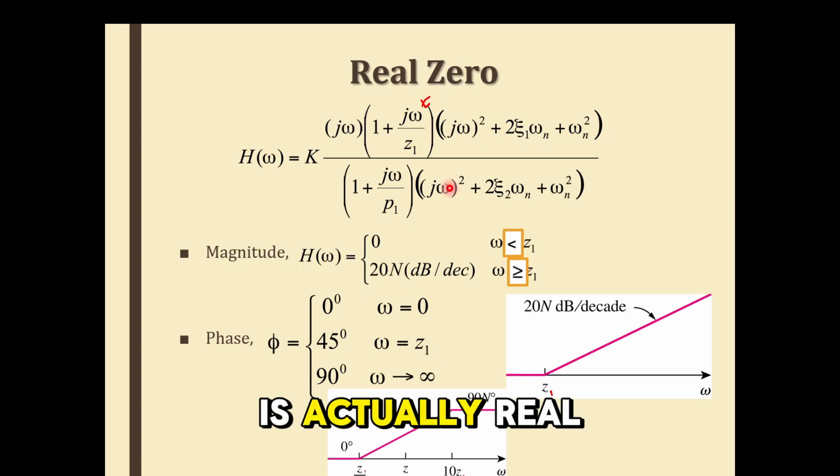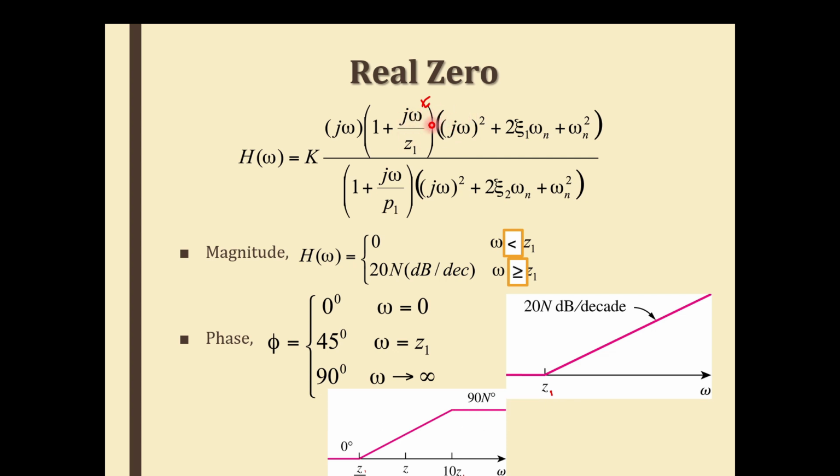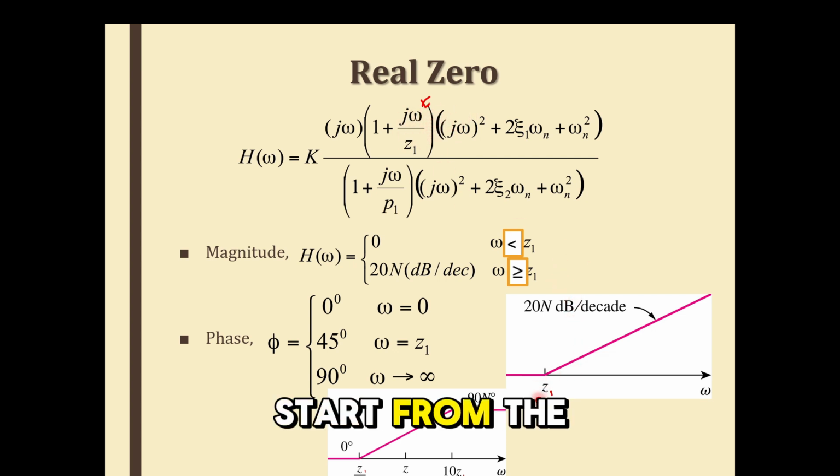And this is a real zero on this side. A real zero starts from the zero point that we got just now. Like just now we got a 2, right? If you start from 2, you'll have a 20 dB decay. Before that, it's 0. And as for the phase, you'll have z over 10.